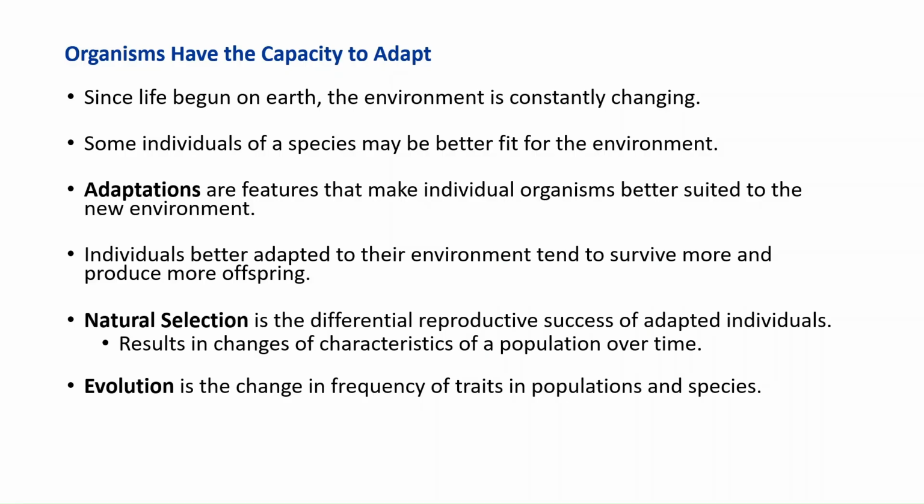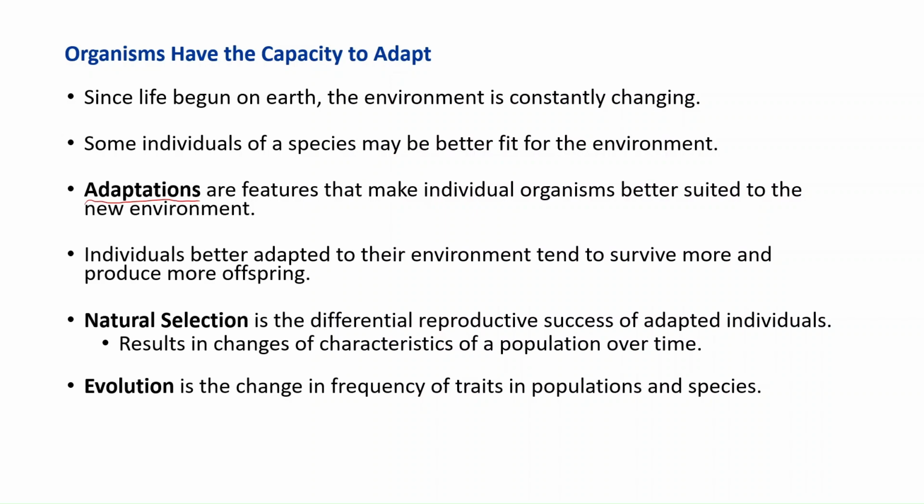Some organisms are better adapted to a particular environment at a particular time. The features that make an organism better suited to the environment are called adaptations. Individuals that are better adapted are more likely to survive and more likely to reproduce, so there are going to be more like them.